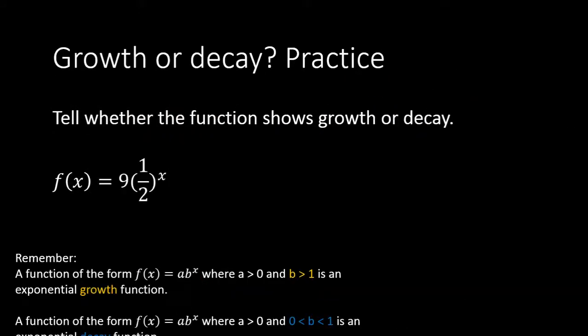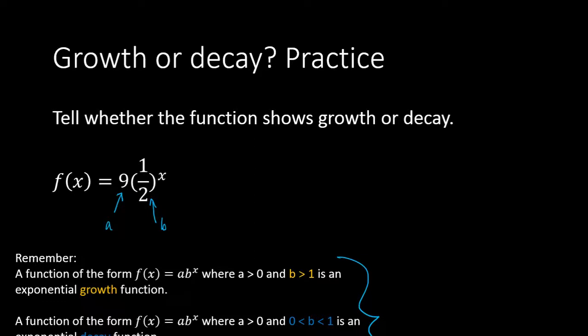Let's practice identifying growth and decay. So for example, say we have f of x is equal to 9 times 1/2 to the x. Remember our guidelines for determining whether a function is growing or decaying. In this case, a would be 9, b would be 1/2. So is this growth or decay?